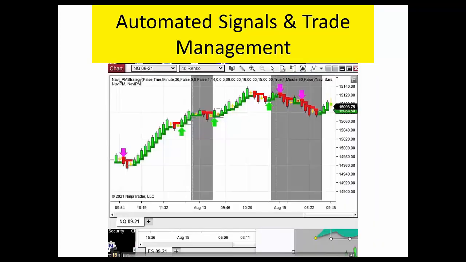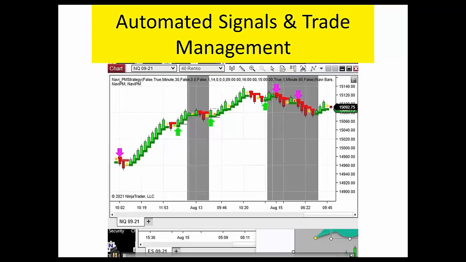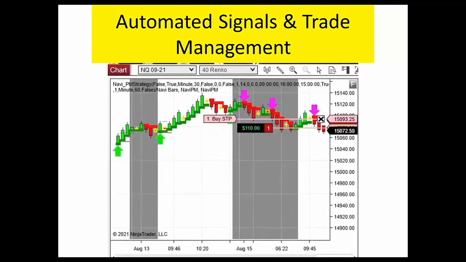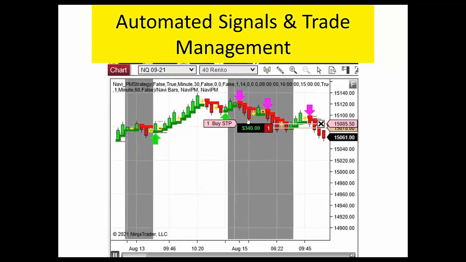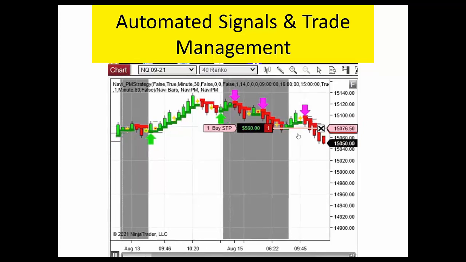So here I'm going to show you a brief video of where we had an automated sell signal. And I'm just going to show you how you can actually automate your signals and automate your trailing stops. Now here we had a sell signal, so we went short. It's on the NASDAQ, and you can see the trailing stop is moving down.